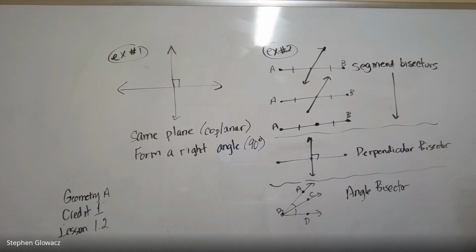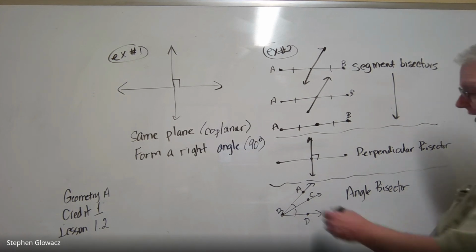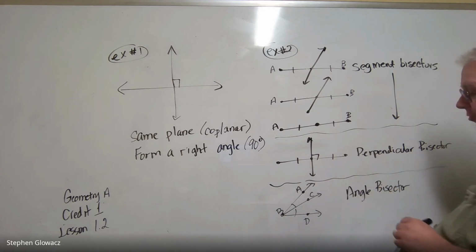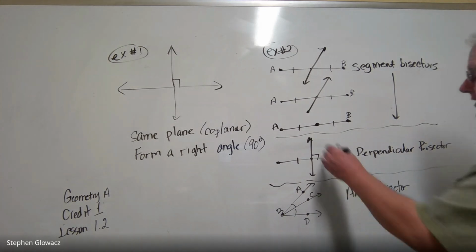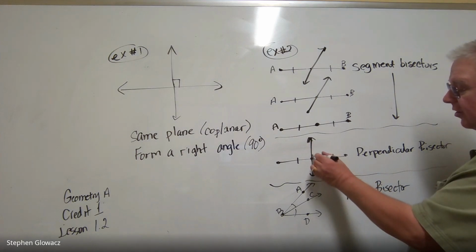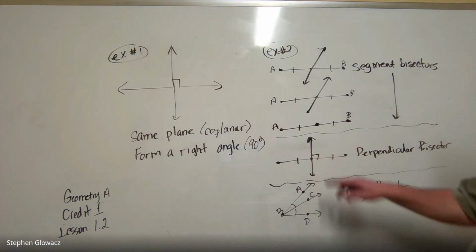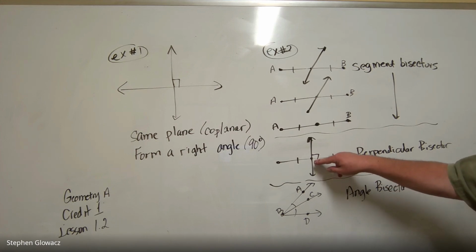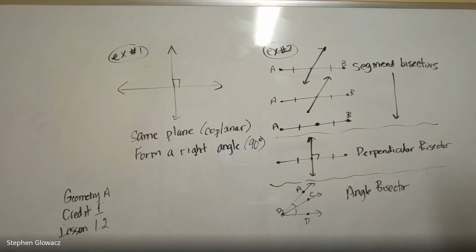Next is a perpendicular bisector. So once again, it's a bisector because it does divide the segment into two equal pieces, but this line is perpendicular, or forms a right angle, with the segment that it's bisecting or cutting into two equal pieces. Finally, an angle bisector.